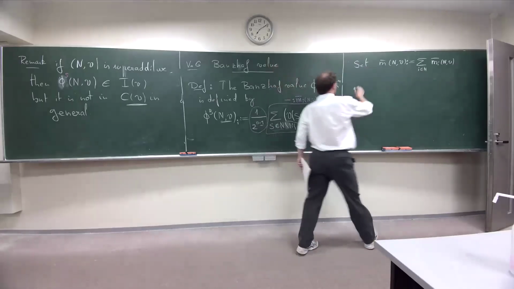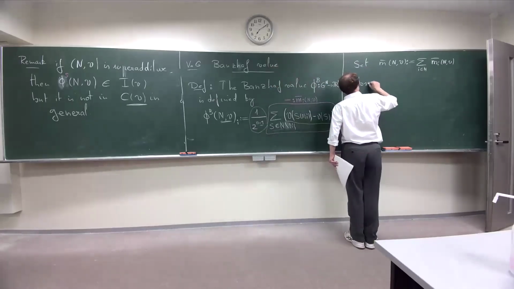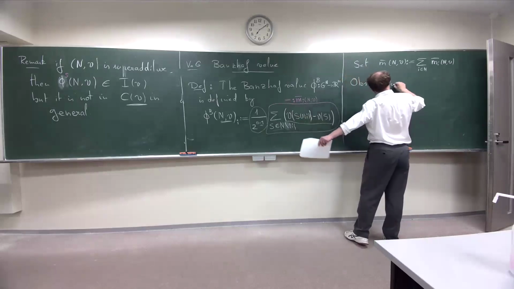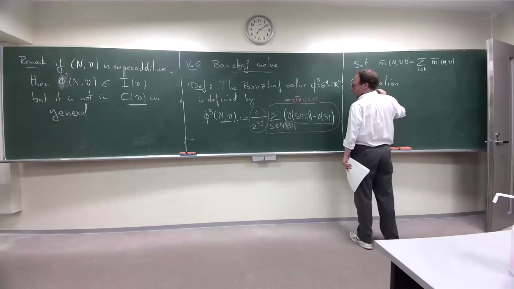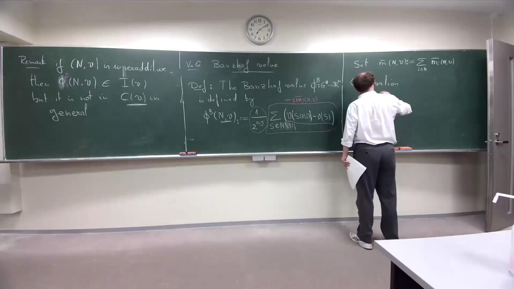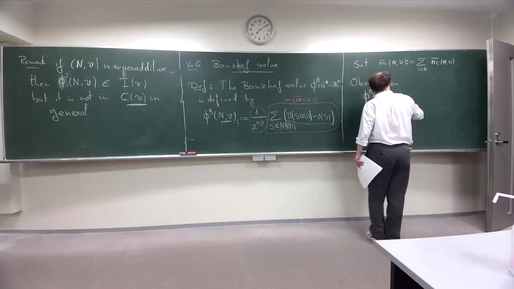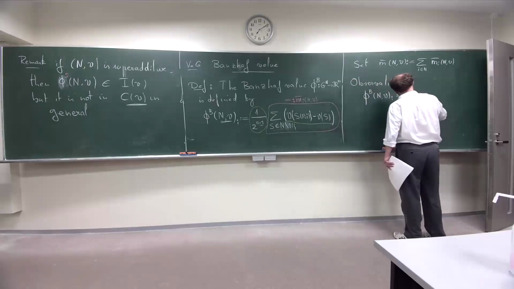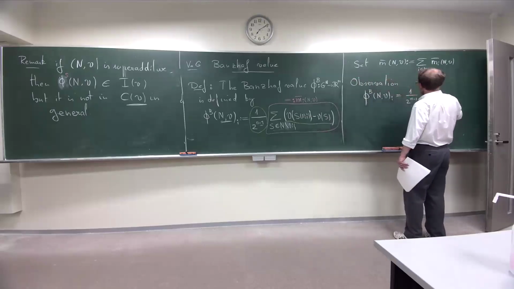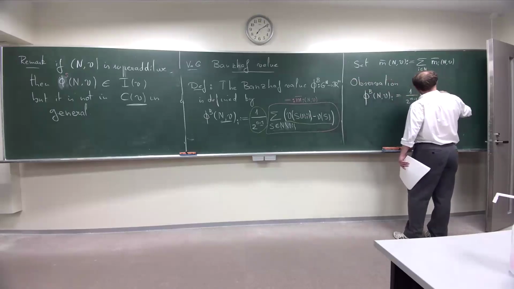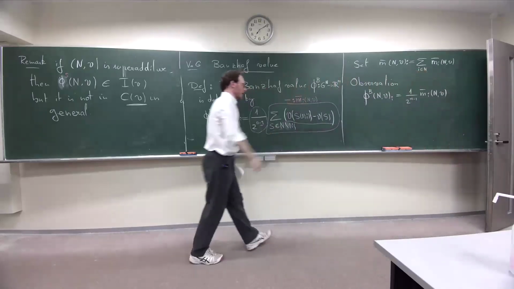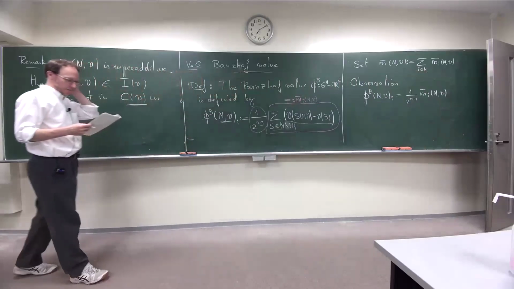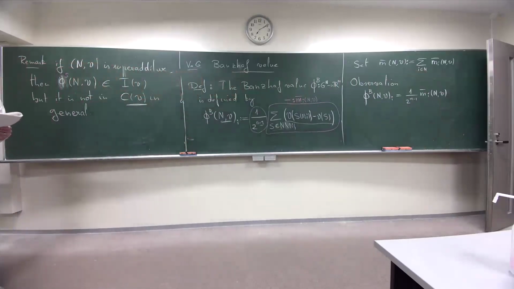An observation, visible on the left: this Banzhaf value of NV entry i is simply 1 over 2 to the n minus 1 times this m bar i. This is just by definition of how I define it. Okay.